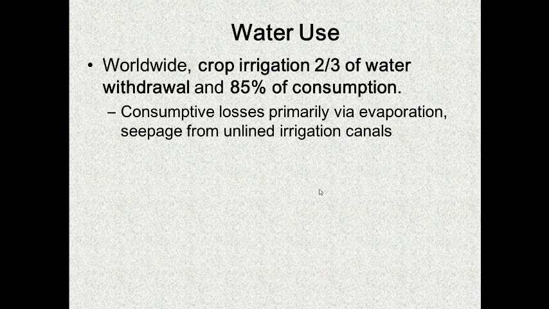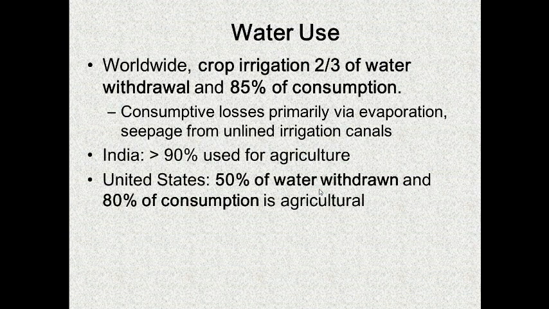Worldwide, crop irrigation is 2/3 of water withdrawal and 85% of consumption. Consumption losses are primarily via evaporation or seepage from unlined irrigation canals. In India, 90% of water is used for agriculture.